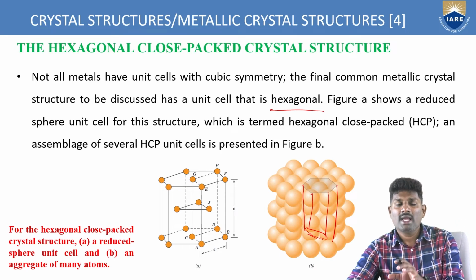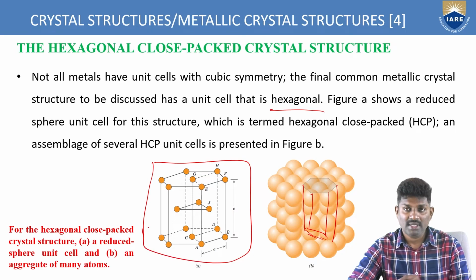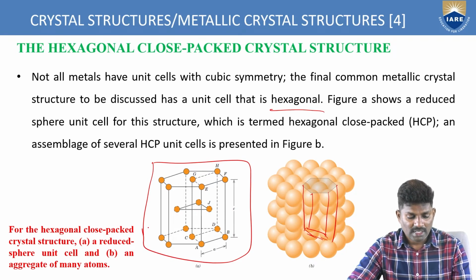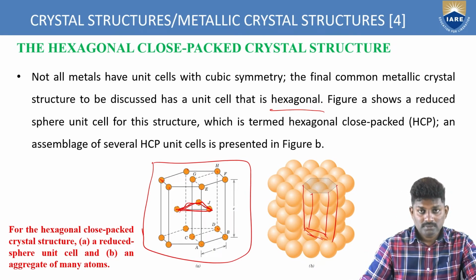So from this aggregate, again we are taking a small unit cell which has a hexagonal shape, and you see all the corners have atoms, and again at the center, you have a triangle, three points where we have atoms which are bonded.